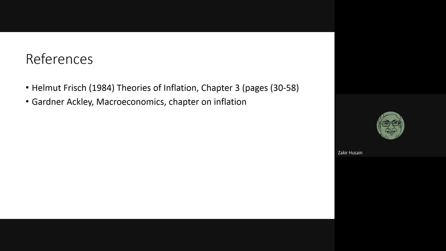And the references: I mainly taught from Helmut Frisch, chapter 3, pages 30 to 58. I'm not very sure about the pages, but I think in the last part he discusses a lot about rational expectations and so on. You don't have to read so much, just up till the expectations-augmented part. For the starting of the lecture, the differences between the different types of inflation and costs of inflation, Ackley's book is the standard reference.